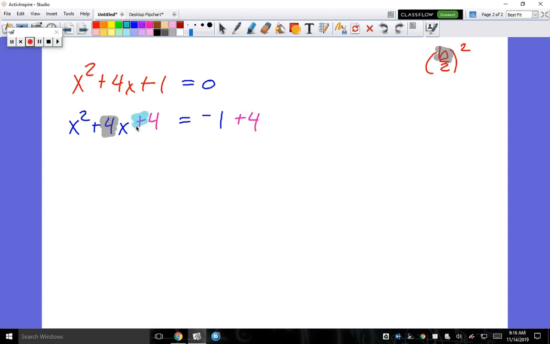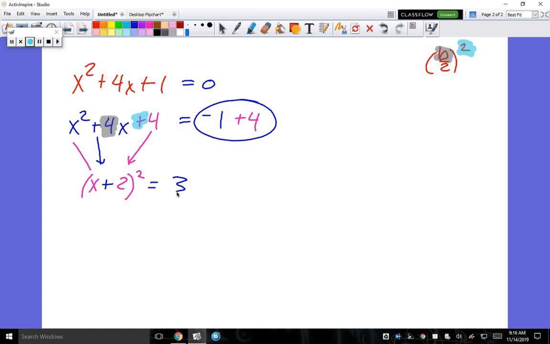Guys, will this number always be positive? It will. Why? Because you're squaring. So now this is that perfect trinomial. The square root of x squared is x. The square root of this 4 is 2. It's raised to the power of 2. We're going to borrow that sign. And we're done. Is equal to 3.